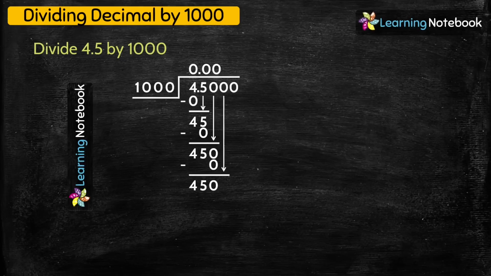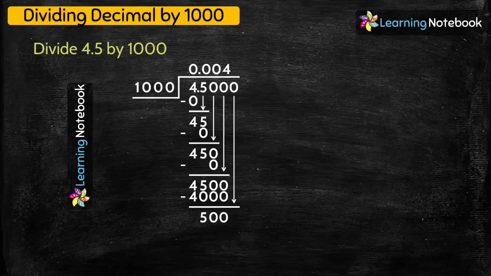Copy next 0 and now we have to divide 4500 by 1000. So 1000 into 4 equals to 4000 and 4500 minus 4000 equals to 500.